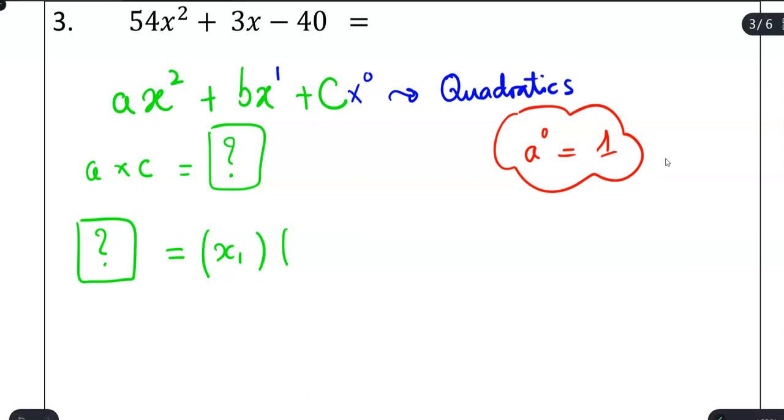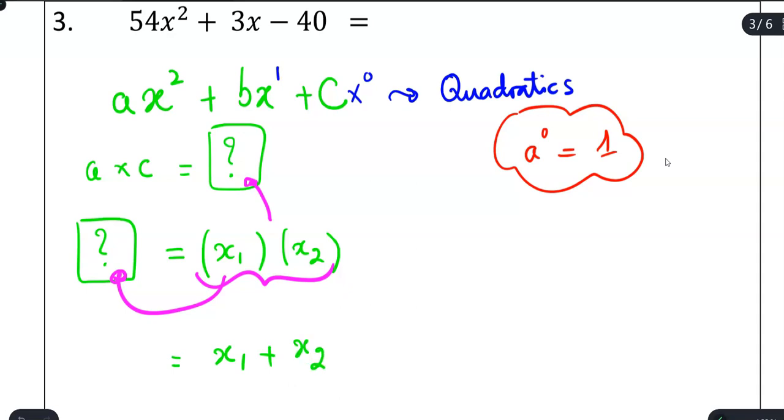And if I multiply x1 and x2, I should get this product. Okay. And then that same two numbers, x1 plus x2, have to give me the middle variable. So it should give me this variable b here. Okay.